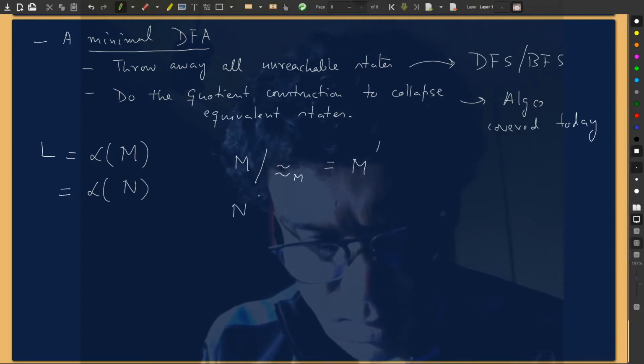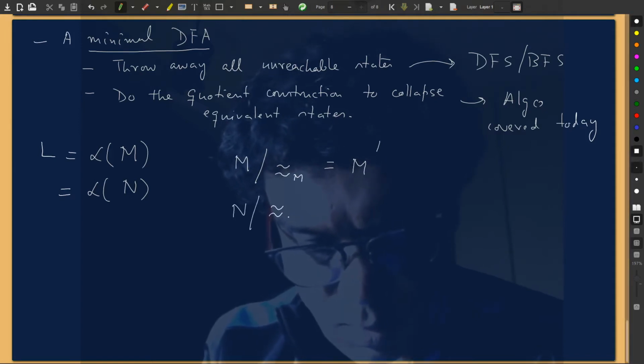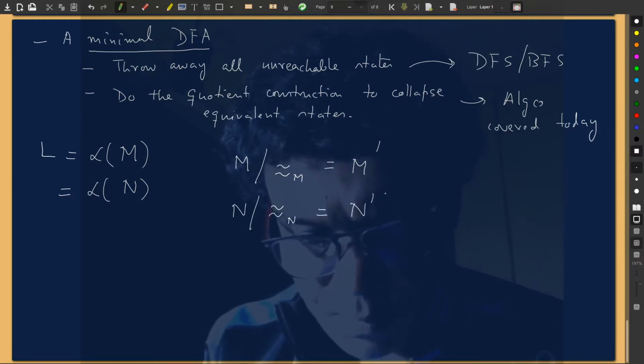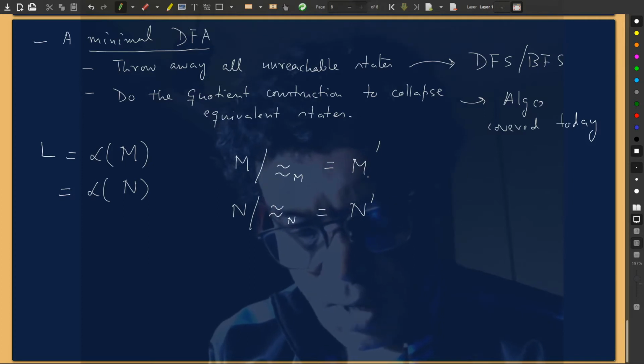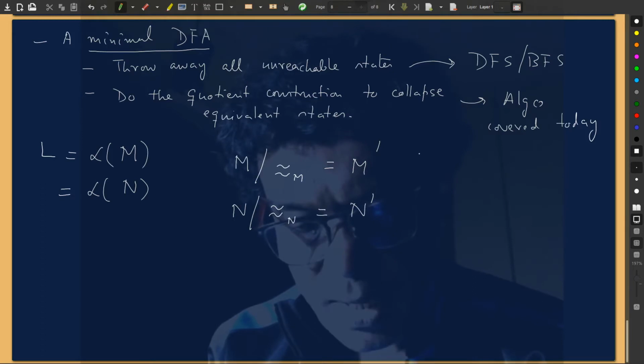Then we do the same thing on N, and we get a machine N prime. And the question is, what is the relation between M prime and N prime?